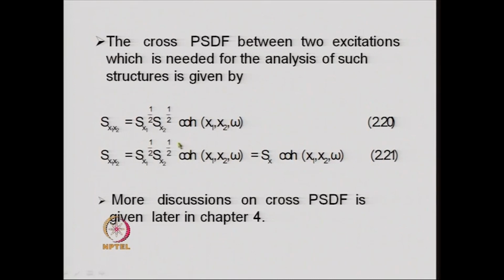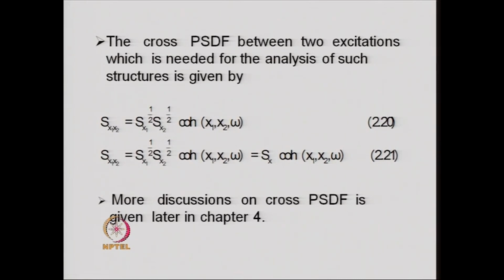Therefore this product turns out to be the same as Sx, the unique value of the power spectral density function of the ground motion, and it gets multiplied by this coherence function.